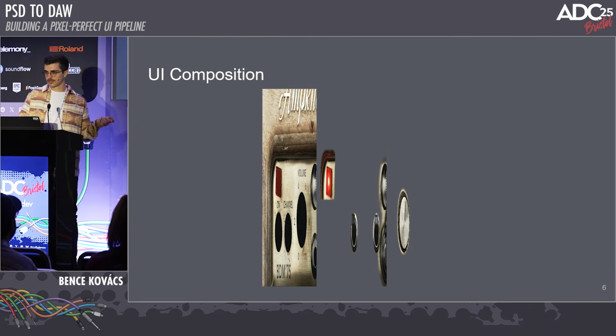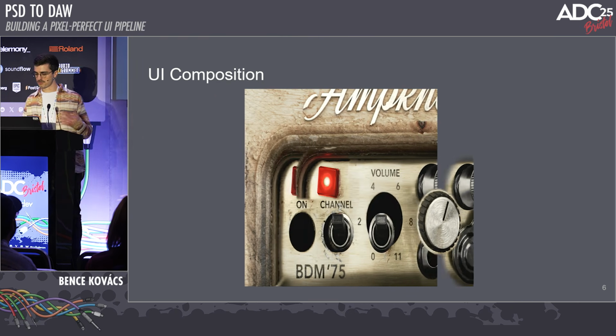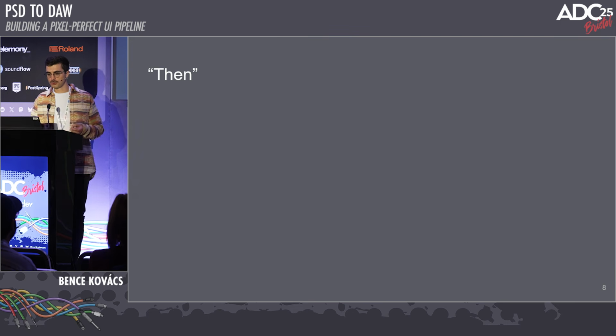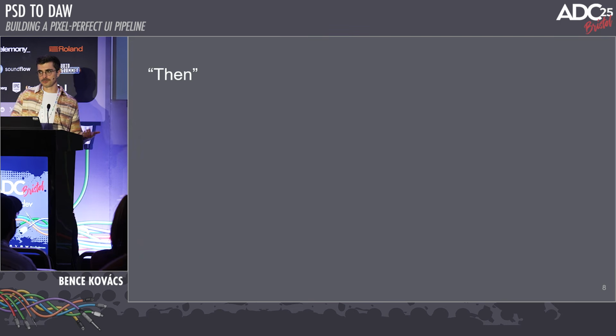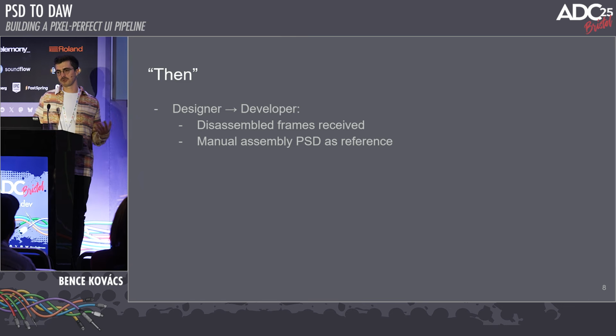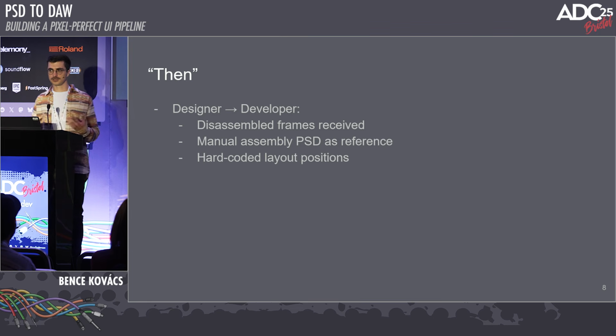So, okay, let's give you a quick overview of how our UI pipeline has been evolving over time. Initially, we got a list of images, like a zipped folder, from our graphic designers. And we would normally manually assemble a PSD, a Photoshop file, as reference, just so we can get an understanding of how the layout will look for components.